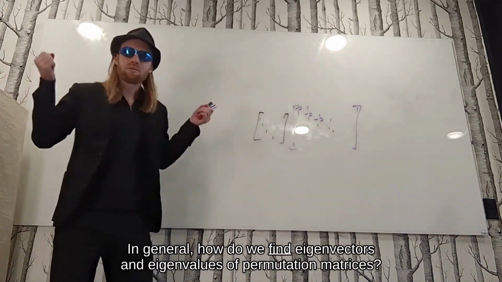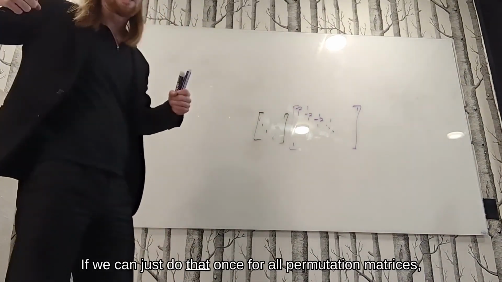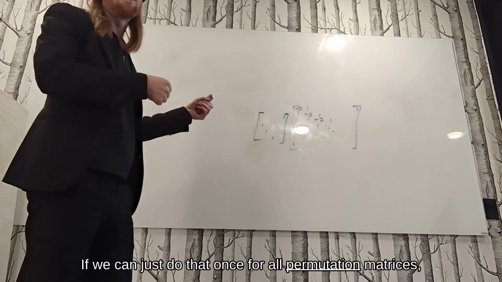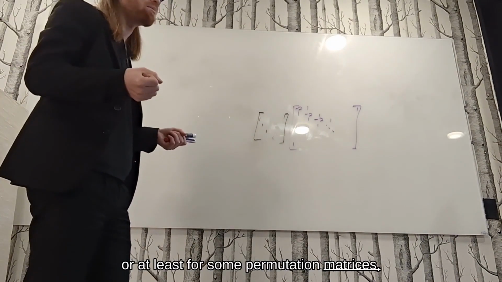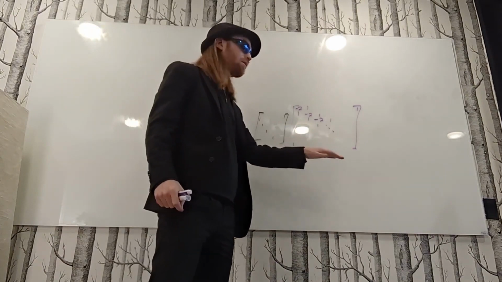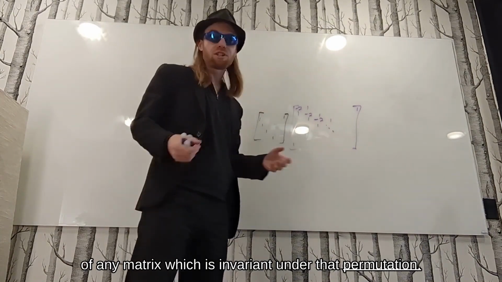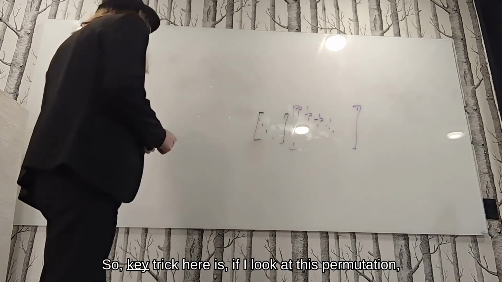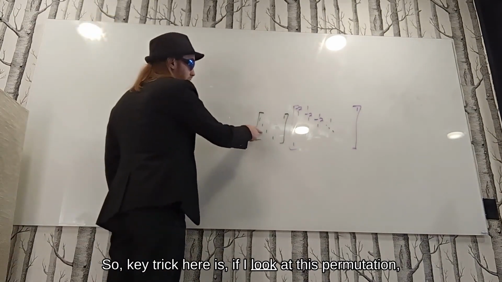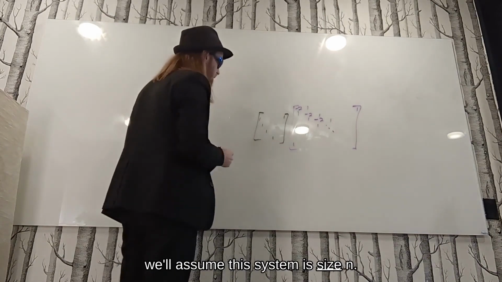All right, so let's recurse on that question. In general, how do we find eigenvectors and eigenvalues of permutation matrices? If we could just do that once for all permutation matrices, or at least for some permutation matrices, then we've gained a bunch of information about eigenvectors of any matrix which is invariant under that permutation. So the key trick here is, if I look at this permutation, we'll assume this system is size n.